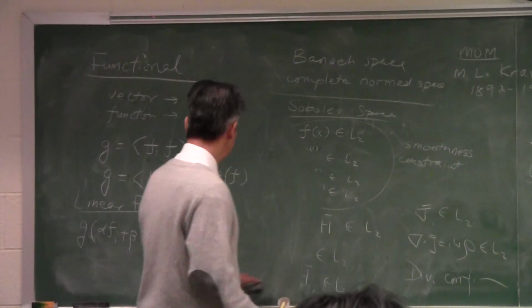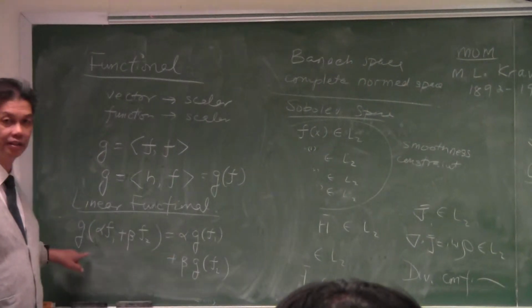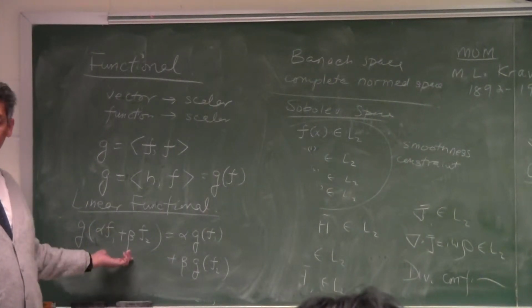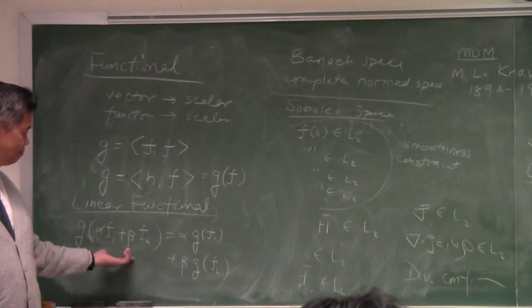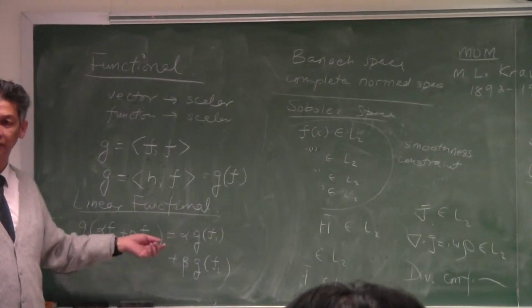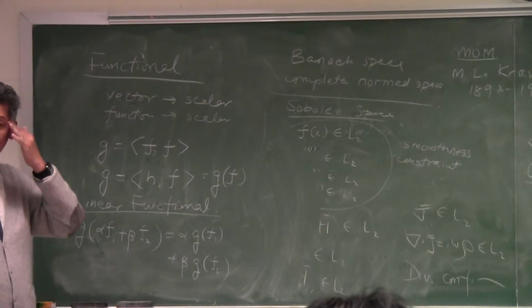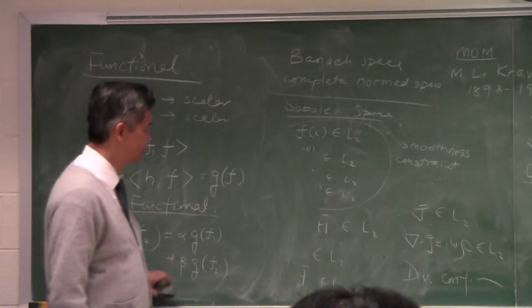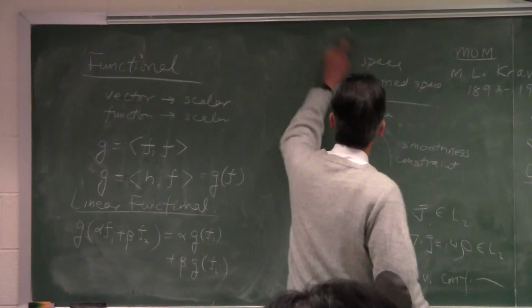This is called a linear functional. We input the sum of two functions, and the output is as if the system is linear. This is very much in the spirit of linear system theory.